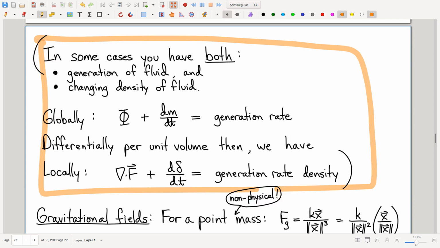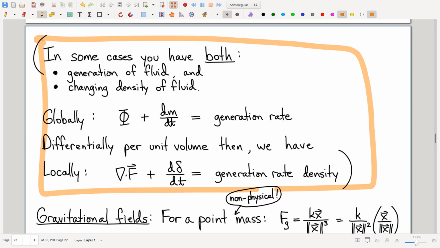But ultimately, the point is that these two ideas, of density changing and of actually creating fluid, you can combine these together in a very convenient way to relate them both to flux. And so, anyway, this can all be dealt with, and that's just beyond what we're going to do in 219.